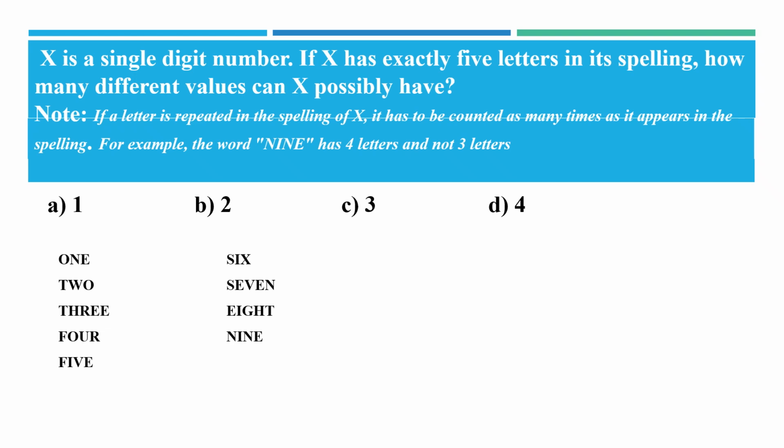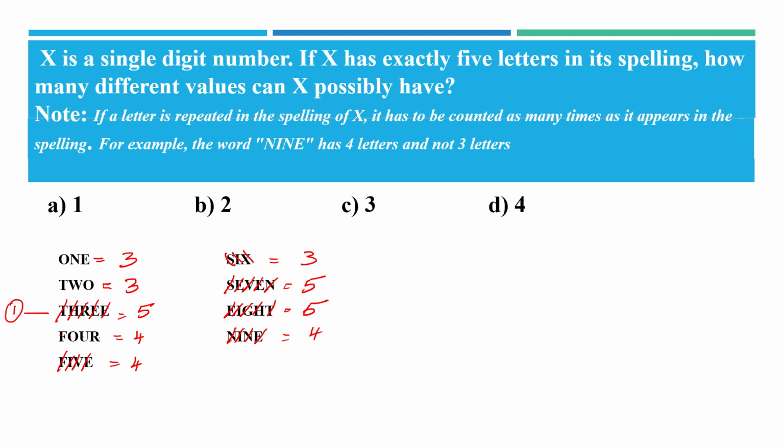And 10 is not a single digit number, so I'm not going to note it. 1, 3 letters, 2, 3 letters, 3, 5 letters. 4, 4 letters. 5, 4 letters. 6, 3 letters. 7, 5 letters. 8, 5 letters. 9, 4 letters.